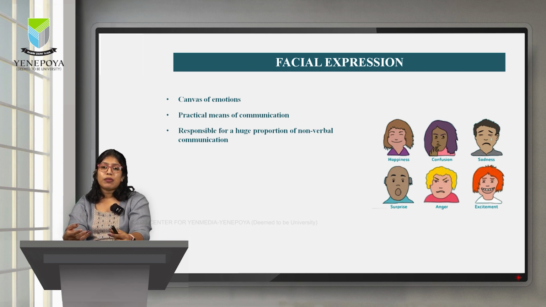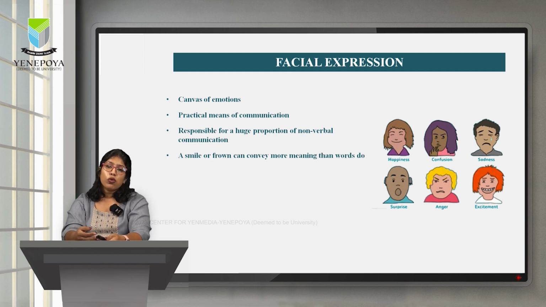So facial expressions take on much more responsibility than any other form of non-verbal communication. A smile or a frown conveys much more meaning than words do, which you've already established, right? So ensure that you are able to communicate through your facial expressions better than your words.